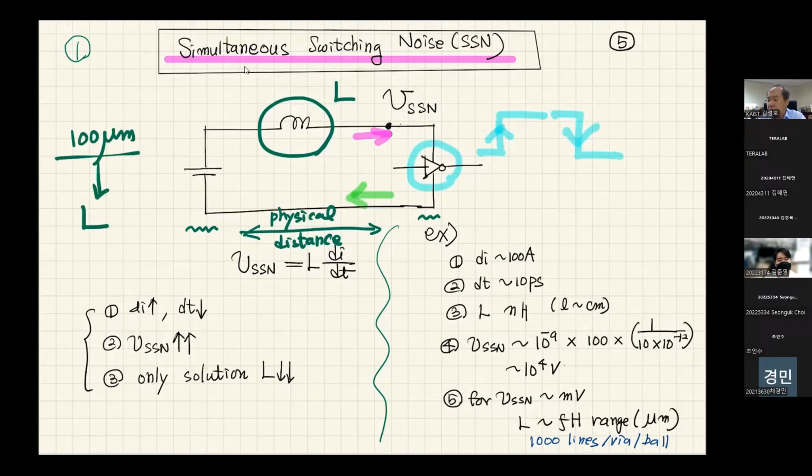When we were designing signal integrity lines, transmission lines, we were designing transmission line impedance to be balanced around 50 ohms by balancing capacitance and inductance of your transmission line.